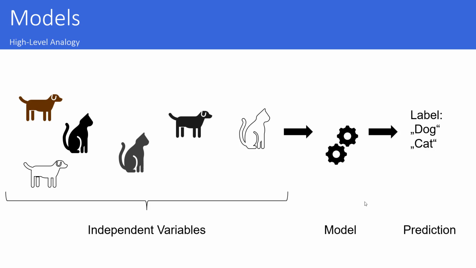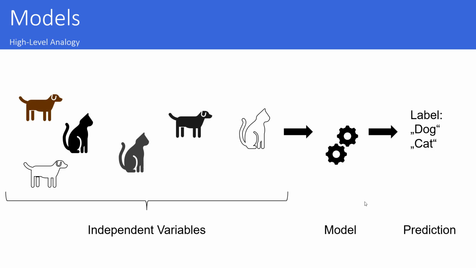And the model is then able to learn what makes a dog and a cat special and how to separate both. After the model is trained, you can pass it an image of a cat or a dog that the model has never seen before, and it will provide an answer. Basically a label whether a cat or a dog is on the image.